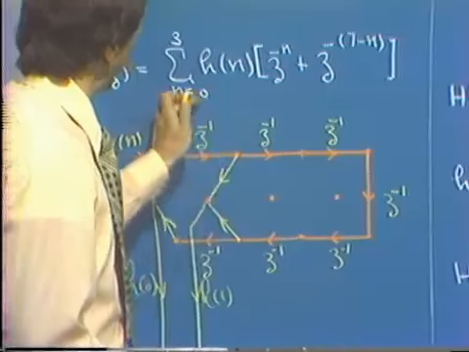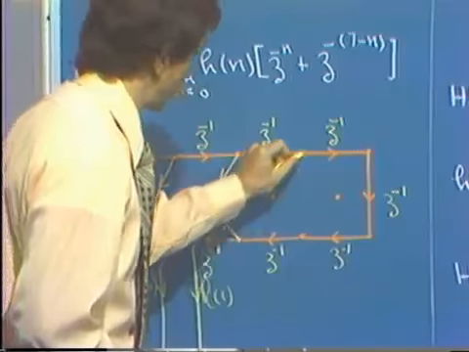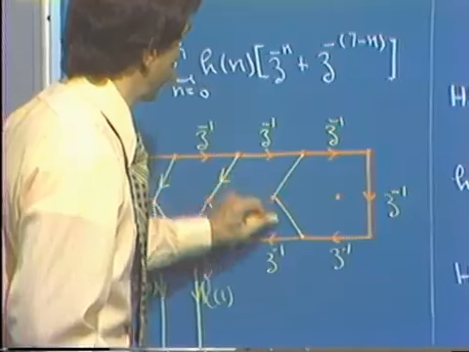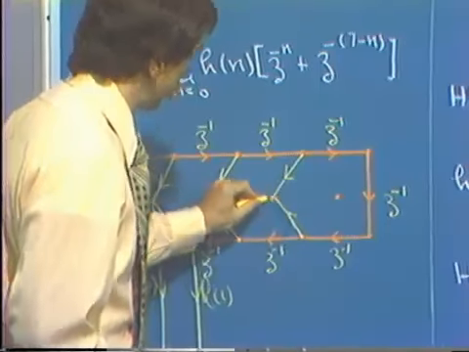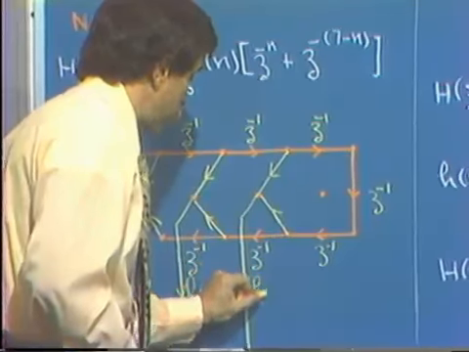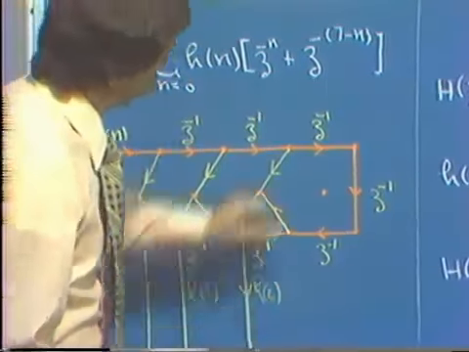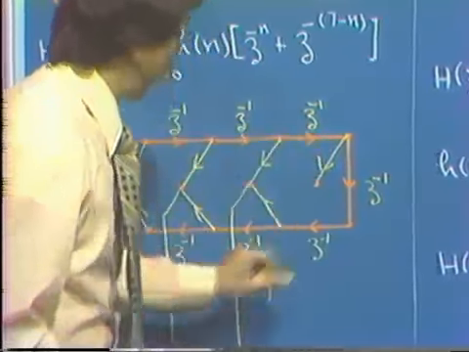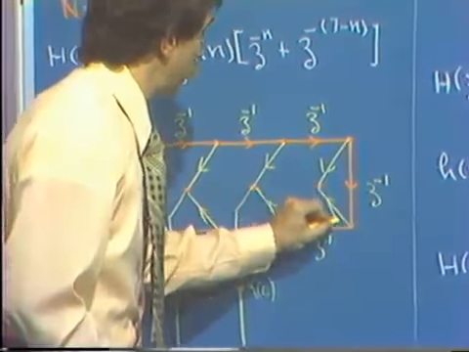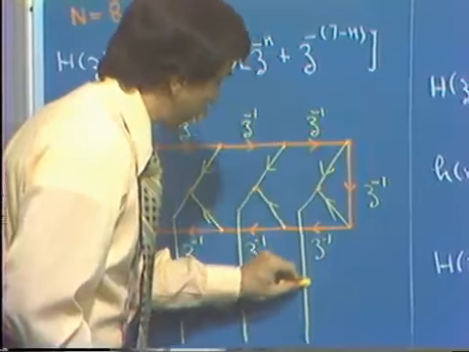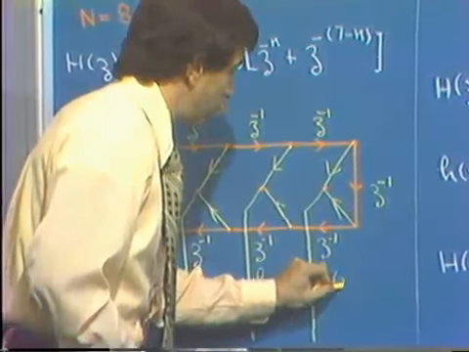Going through the remaining terms, we have the output from the 2nd delay and the output from the 5th delay added together, multiplied by h of 2, and the output from the 3rd delay and the output from the 4th delay added together, multiplied by h of 3.